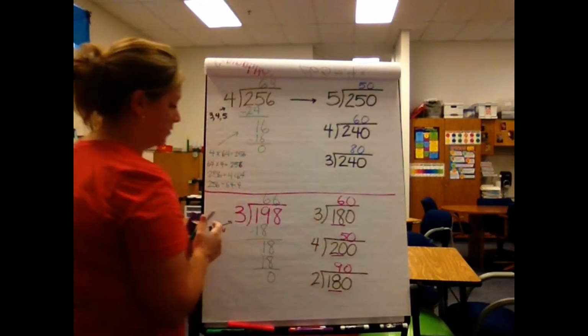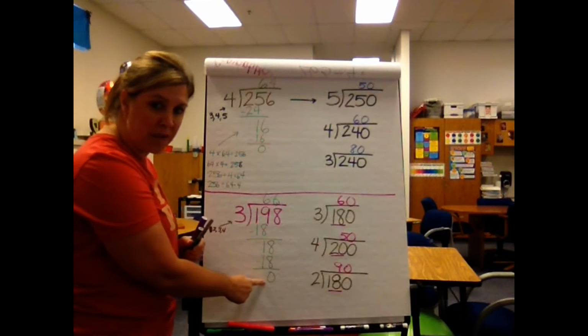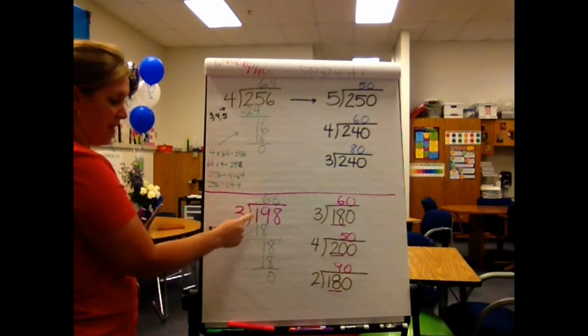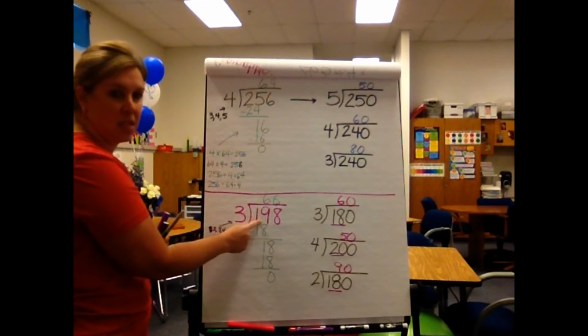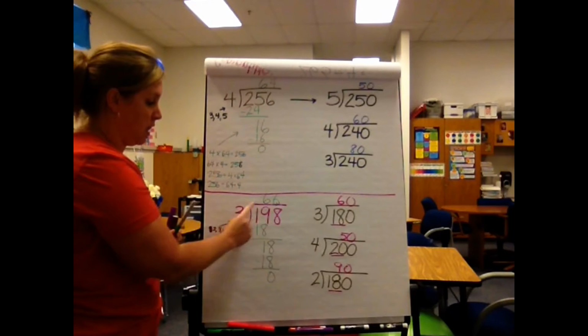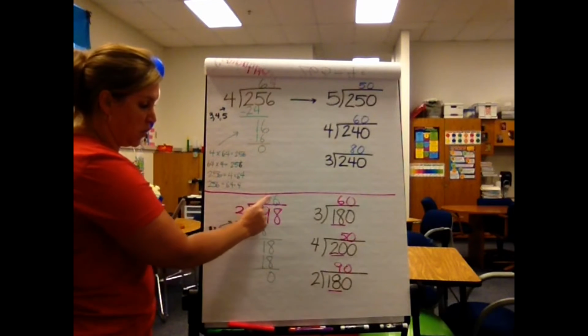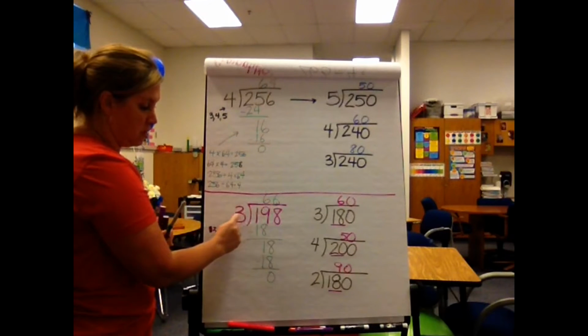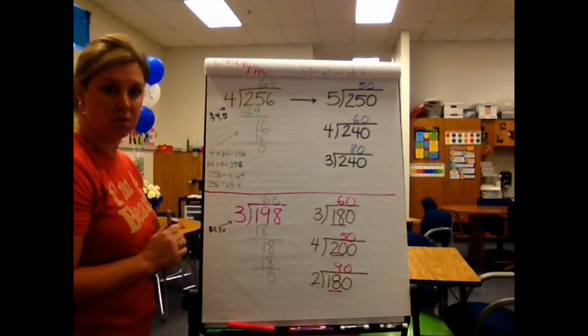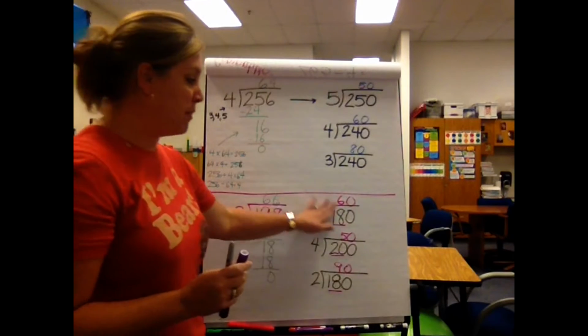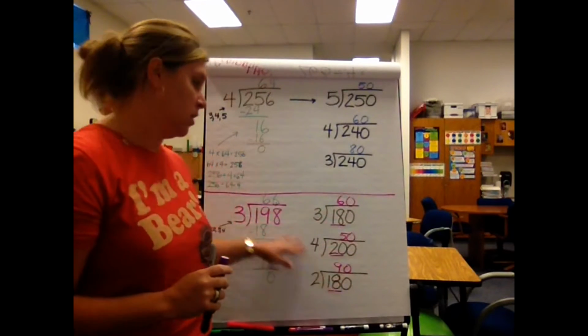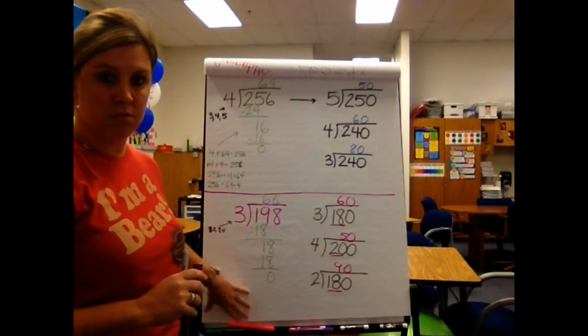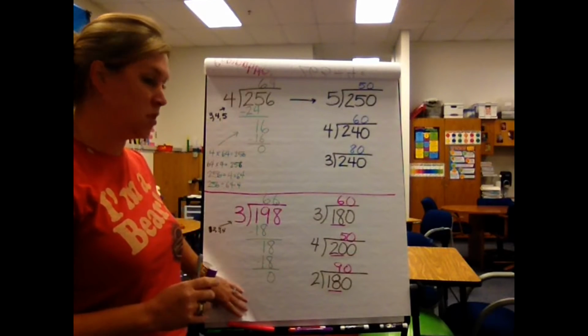Once again, I have no remainder, so therefore I can make a fact family with 3, 66, and 198. I can do multiplication and then division to get those. So again, making compatible estimates, actual answer. Should be with me so far.